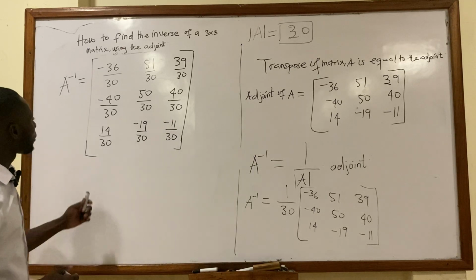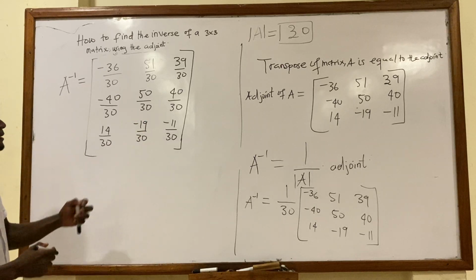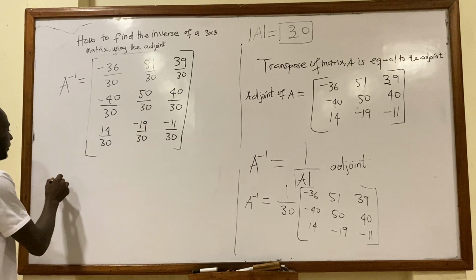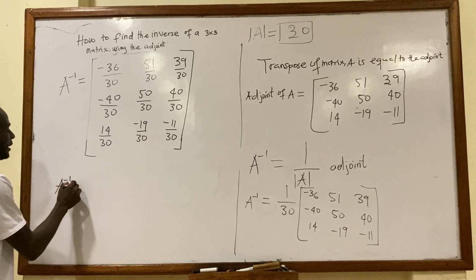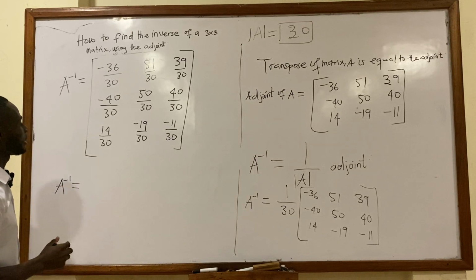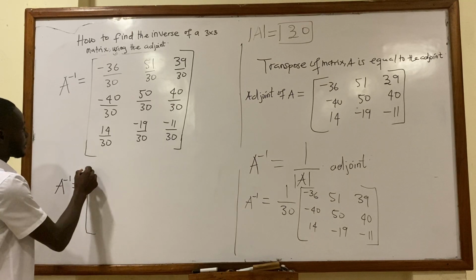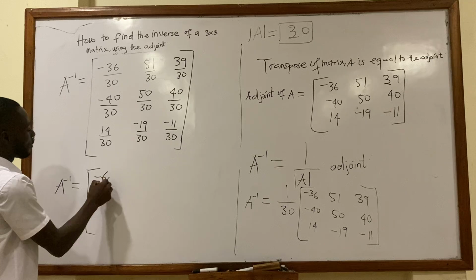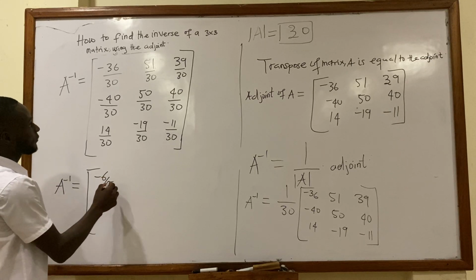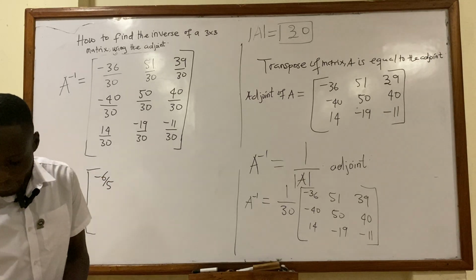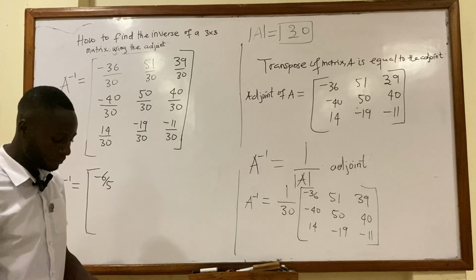Right? So now we have this. Let's simplify the items in the matrix. So we have A inverse, or the inverse of matrix A, as minus 6 over 5, and then minus 6 over 5.